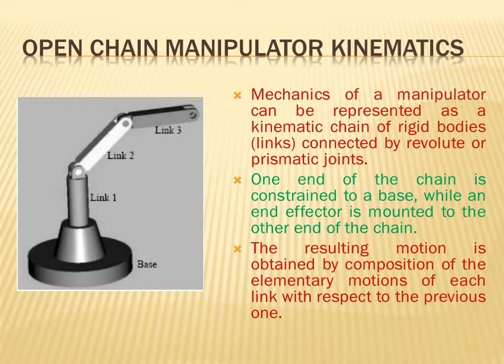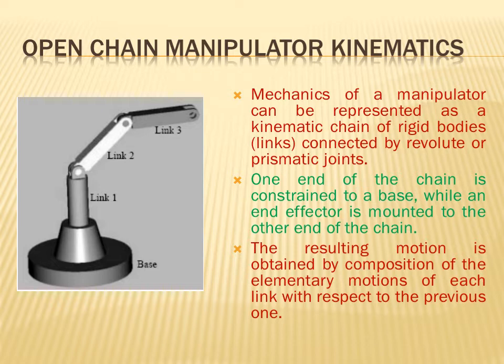The mechanics of this manipulator can be represented as a kinematic chain of rigid bodies, because links are considered rigid bodies, or precisely you can say resistant bodies, since there is no existence of a truly rigid body in this consideration. These resistant bodies are connected by revolute or prismatic joints.